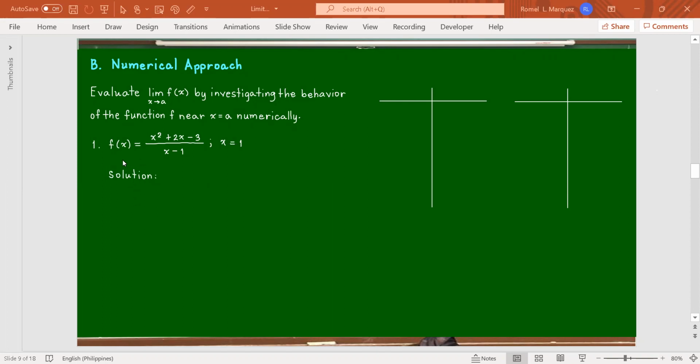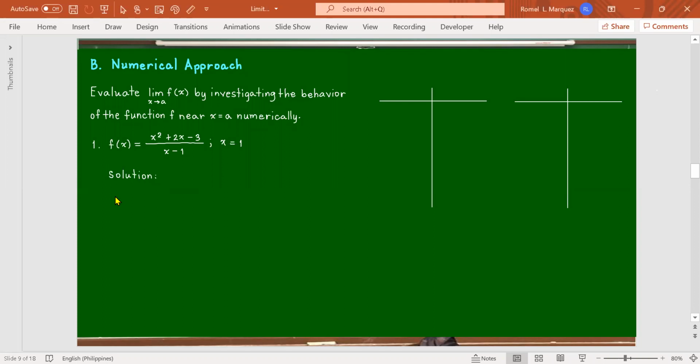Number one, f of x is equal to x squared plus 2x minus 3 all over x minus 1, near x equals 1. So we want to find the limit of this function as x approaches 1. Okay, guys? But we want it numerically.